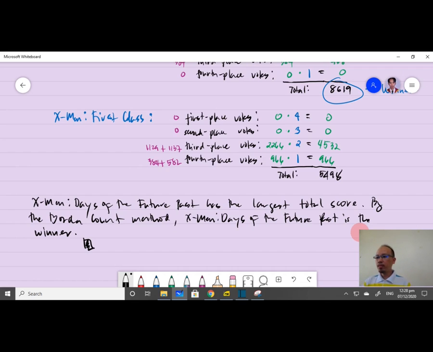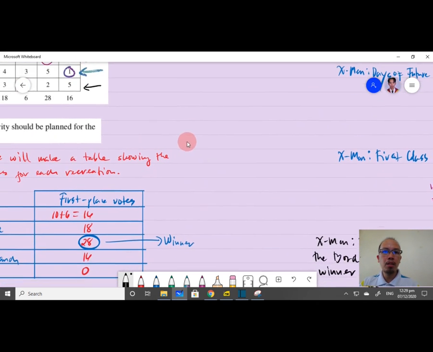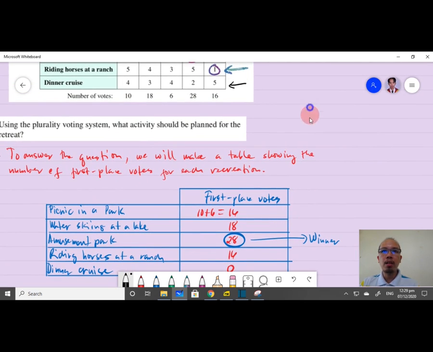Okay, just try example number 2. If still the winner in the plurality method of voting is the same as the Borda count for example number 2. So let's recall for our example number 1, who wins.